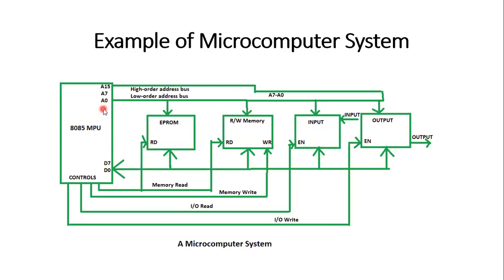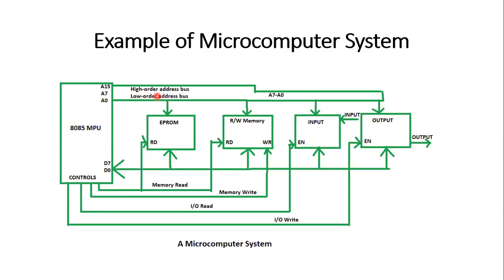The address lines A0 to A15 are used to address memory, and the low order address bus A0 to A7 is used to identify the input and output.